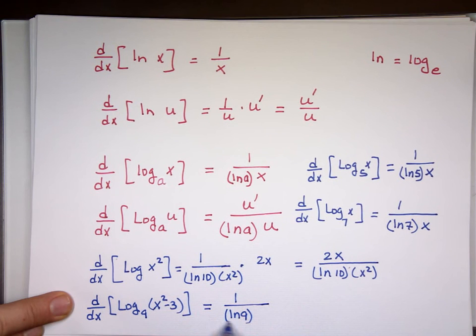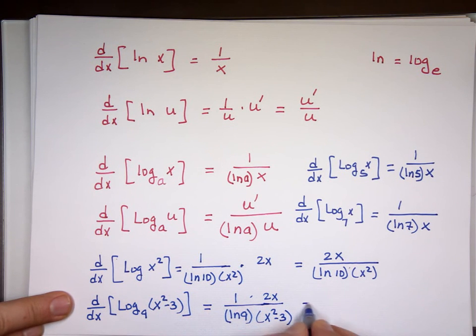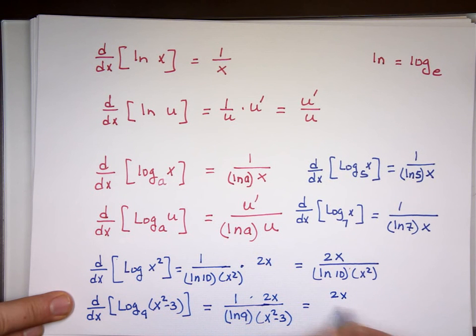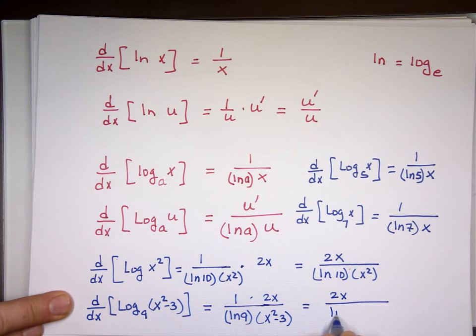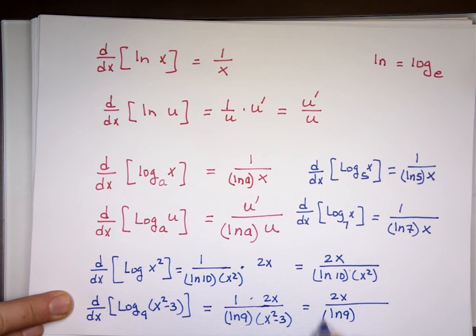This is my u, x squared minus 3. And what's the derivative of x squared minus 3? 2x. I can put on the top. So you end up with what? 2x over the natural log of 9 times x squared minus the 3.